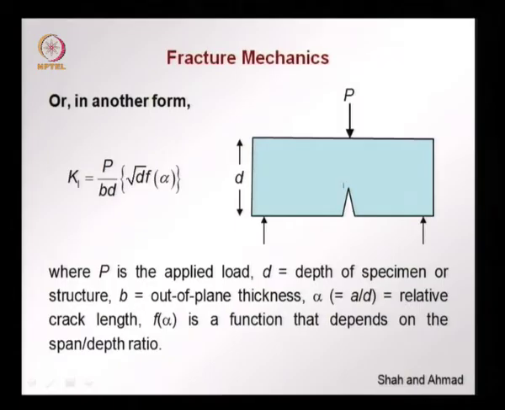That is A, this is now A, and A divided by D is alpha. F of alpha is a function that depends on the span depth ratio. This is now the span. The span depth ratio defines this function F of alpha, and this can be calculated from numerical analysis or otherwise. So, K1 can be determined depending on the geometry of the element and the defect length or the crack length.